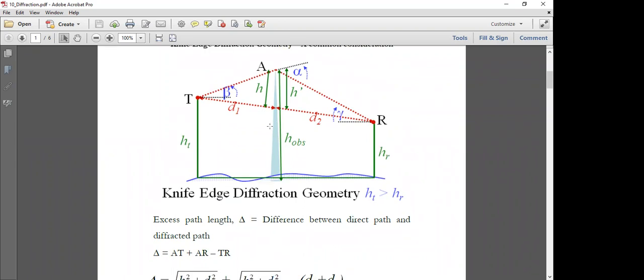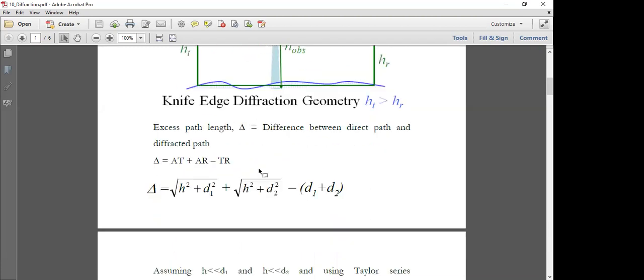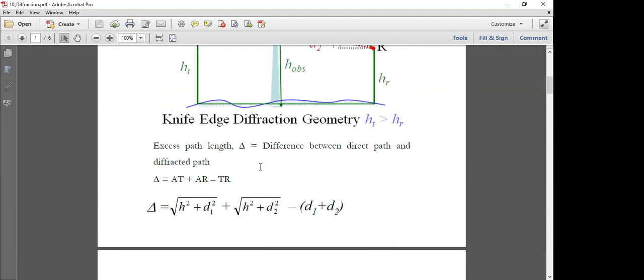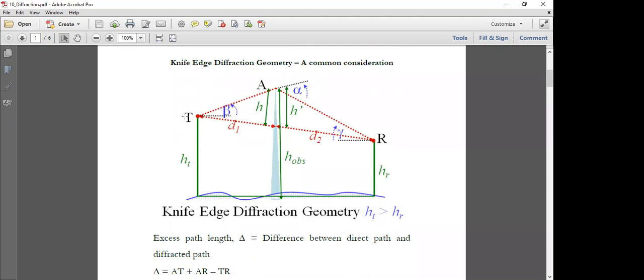H is the height, and it is very important to understand what we mean by H. If you connect T and R, just draw a line between T and R, and then find the height of the obstruction above TR, then that is your H. In this whole discussion, the H notation will indicate the height of the obstruction above TR.